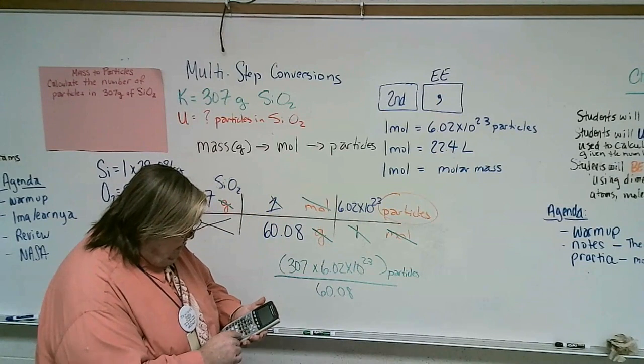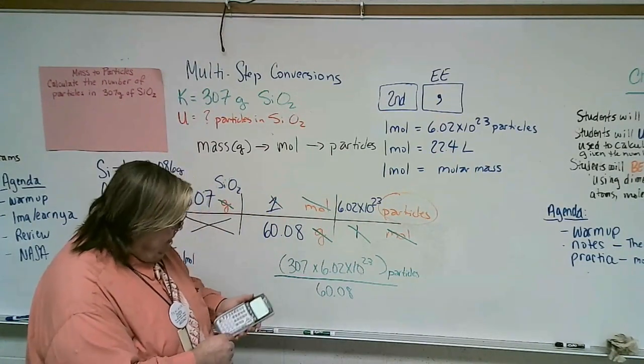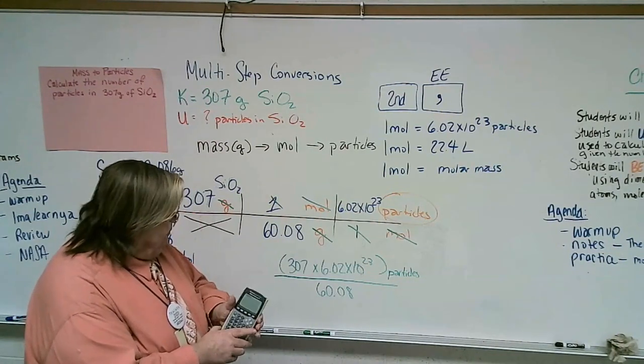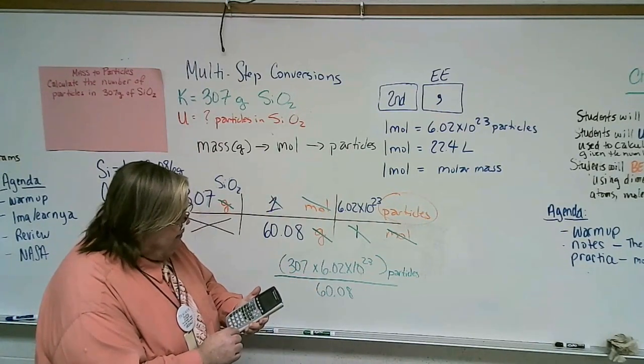We follow the rules of math. First thing we do is turn the calculator on, open parentheses, 307 times. Well, we still have a number, 6.02.